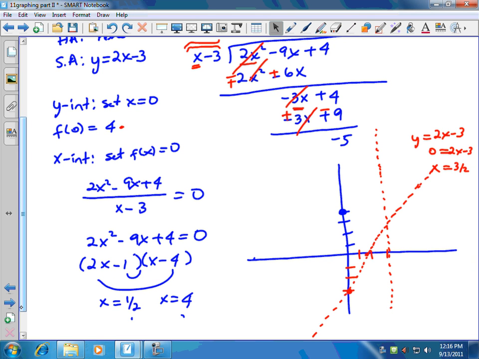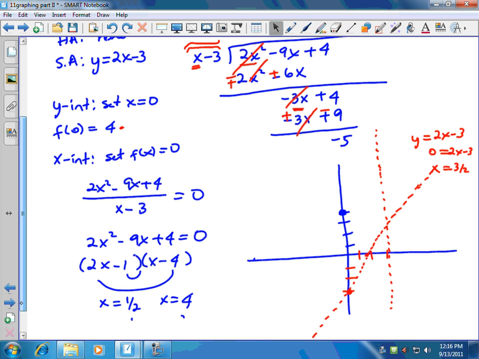So we're supposed to graph the x-intercepts, but when I look at it, it makes no sense because if I plot the x-intercepts, it's not going to be easy to graph also through the y-intercept and be approaching the asymptote. So I'm going to go back and try to debug my work.